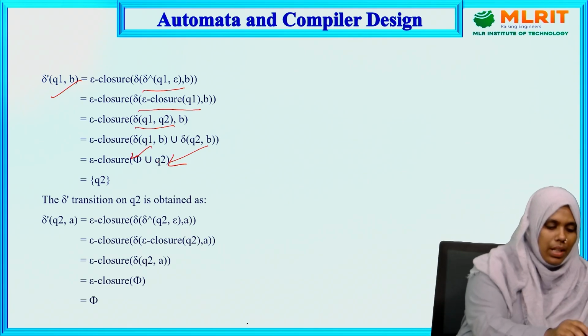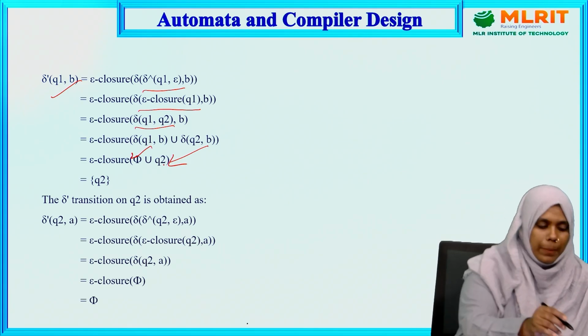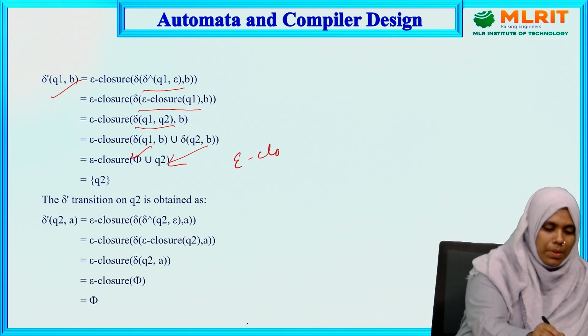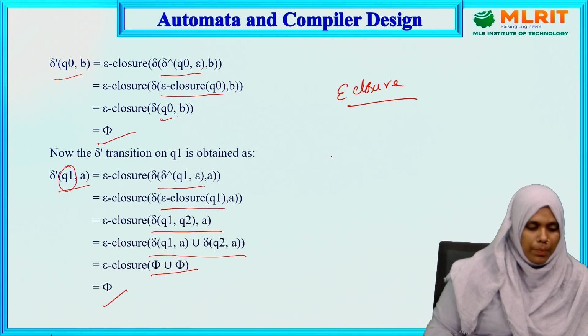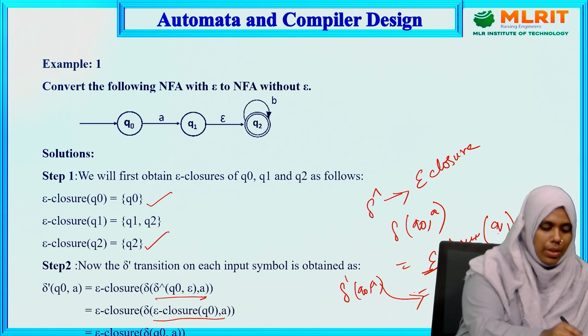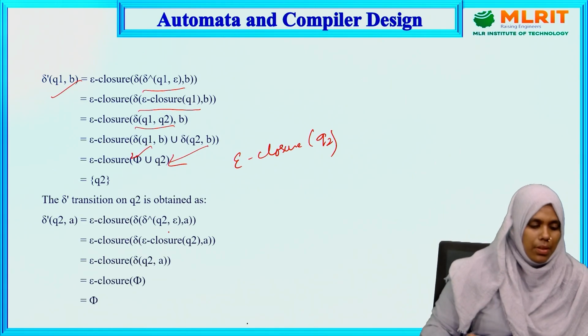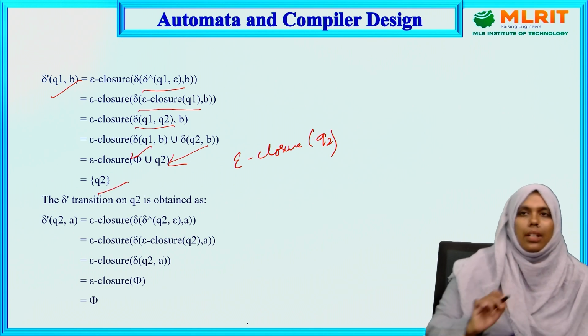So phi union Q2 will be what? It will be epsilon closure of Q2. Now what is epsilon closure of Q2? Epsilon closure of Q2 is Q2 itself. So you have to write it directly as Q2.